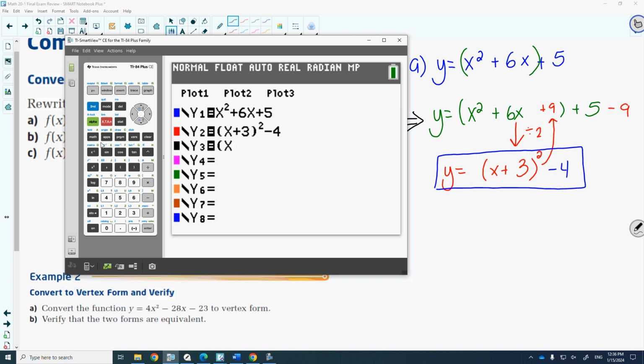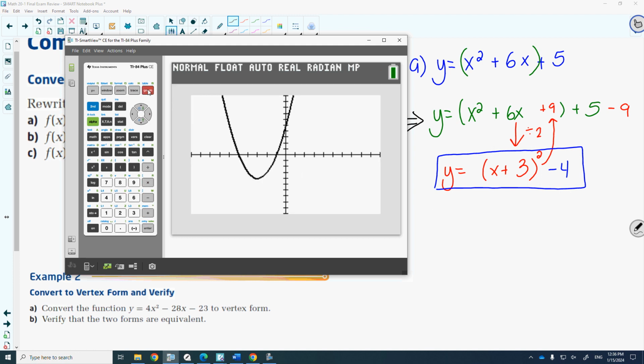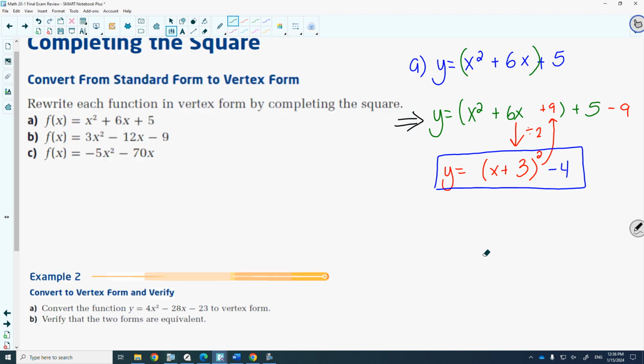So x squared plus 6x plus 9 plus 5 minus 9, right? No mistake was made in that line. So that's a good trick on if it's a question on where did the student make an error, and they give you, let's say, 4 different options. You just type each option into y1, y2, y3, y4, and the one that doesn't match up with this would be the mistake. Okay, and then at the end of the day, if this is actually in function notation to match it back up, so f of x.